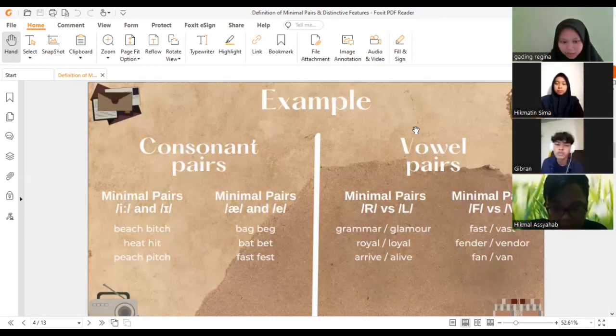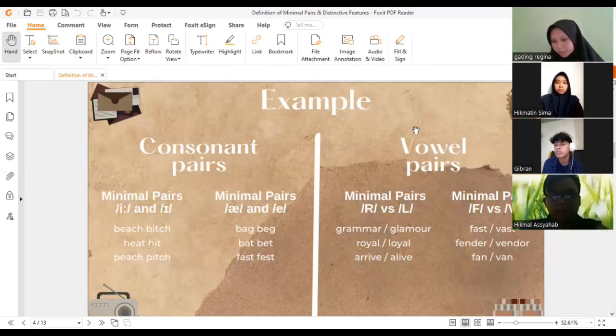Next is consonant pairs, for example, R and L. They have similar pronunciation. For example, grammar and glamour. Grammar and glamour.